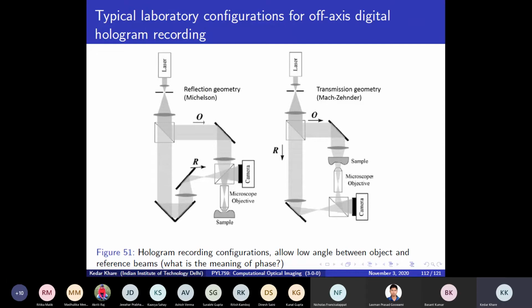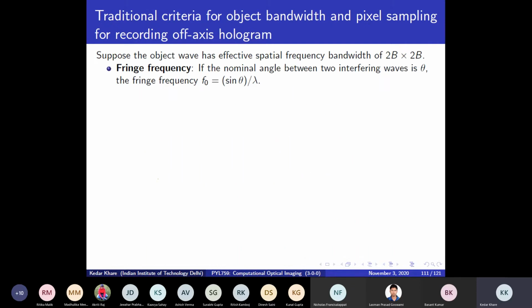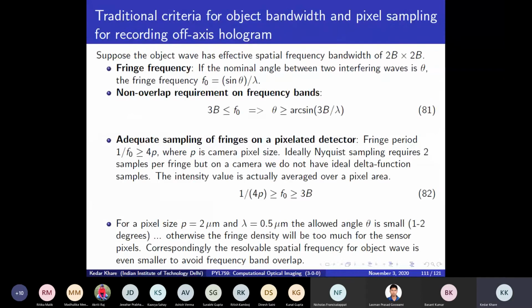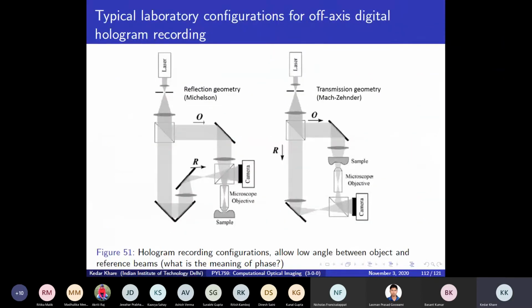So in the reflection geometry, what does the phase modulation mean? When I'm talking about the phase, I mean the phase of the object beam, phi of O. What does this phase mean for reflection geometry and for transmission geometry? What do you think? Sir, usually reflection refers to 180-degree shift.